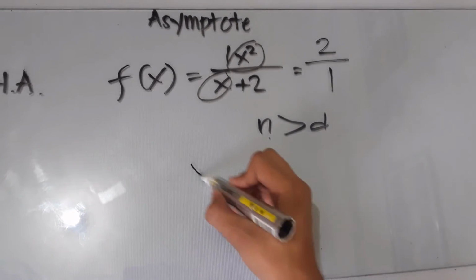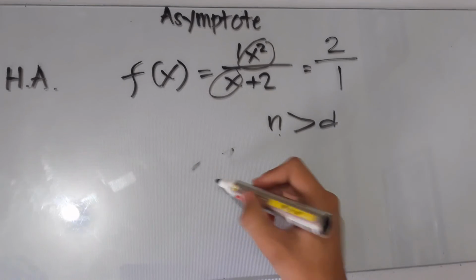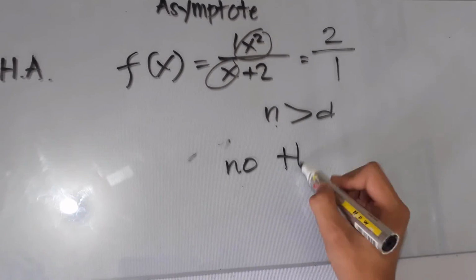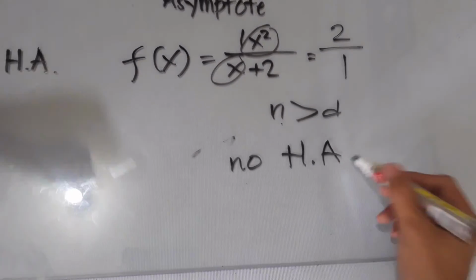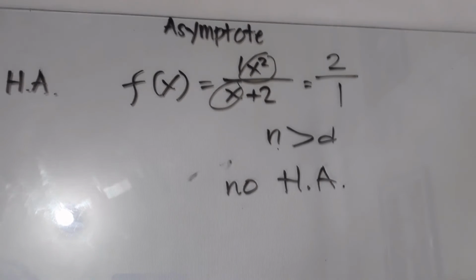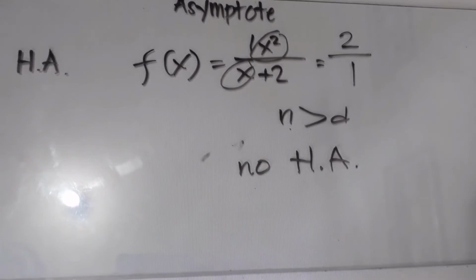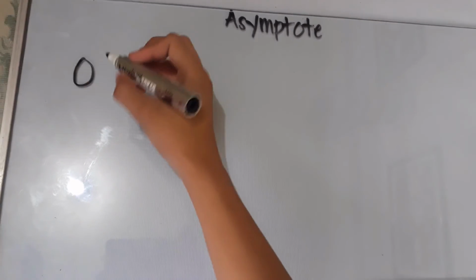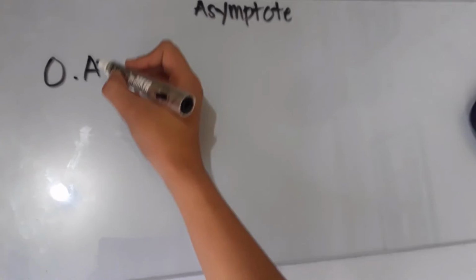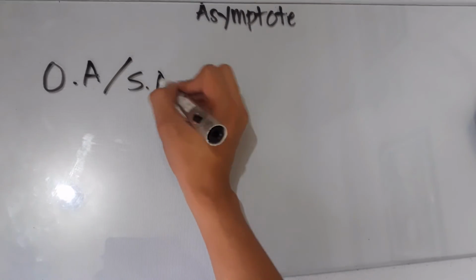Hence, there will be no horizontal asymptote. But if there is no horizontal asymptote, then here comes our third type of asymptote, which is called the oblique asymptote or the slant asymptote.